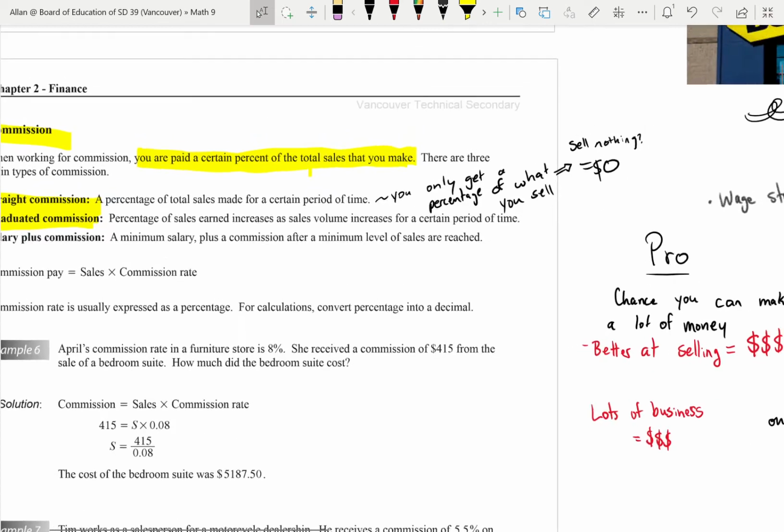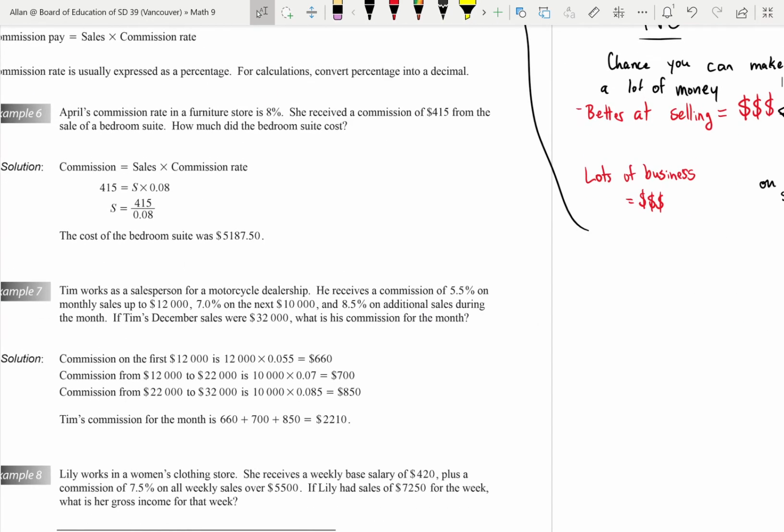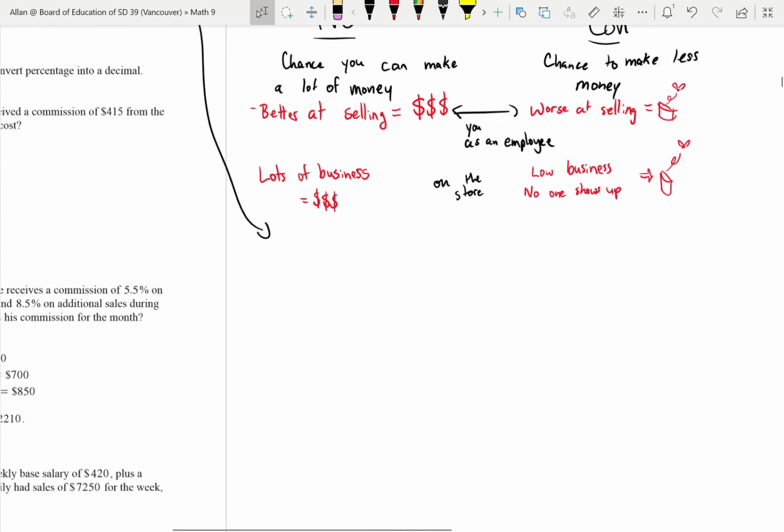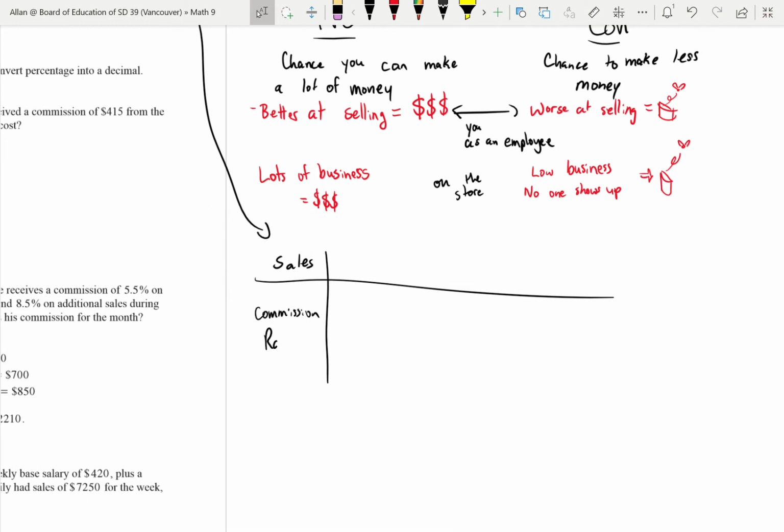So what graduated commission might look like, if I go down and over here, I'll make 2 columns, so sales, and then what's called a commission rate. So this is a percent of the sales that you get.